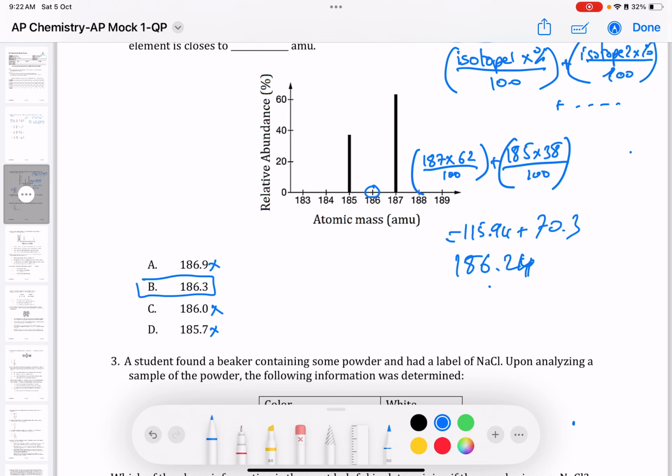And it can't be below 186, because the 187 abundance is higher. So the answer is 186 something. This is why, even if we didn't do our calculations, the best choice is B.